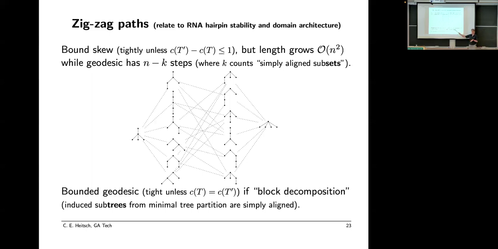A sufficient condition is that the closed loop decomposition has what I call the block decomposition, meaning if every closed loop is actually a subtree, then you can operate just on those subtrees, and you can have a bounded skew path that has the right number of edges to it. What happens if you don't have that is still open.